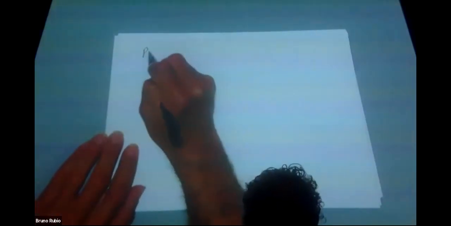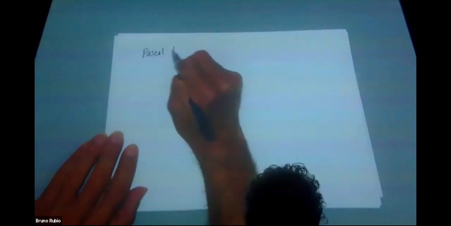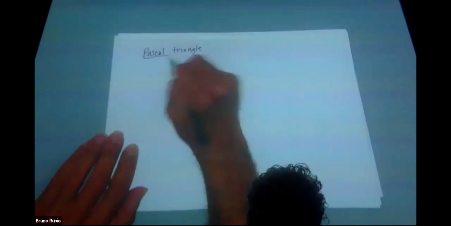And in order to do that, what we need to drag in is Pascal's triangle. So do you know about Pascal? He was a French philosopher in the 1600s, and he came up with the binomial theorem.